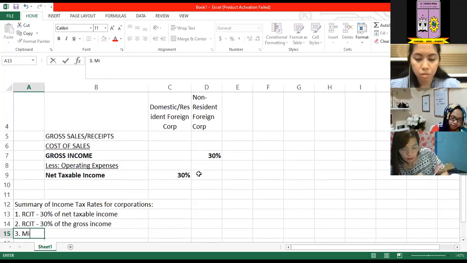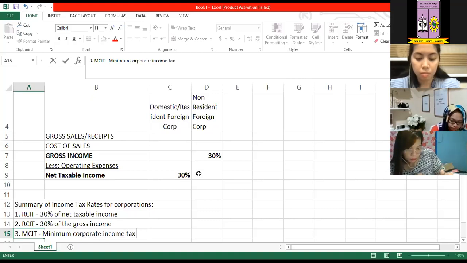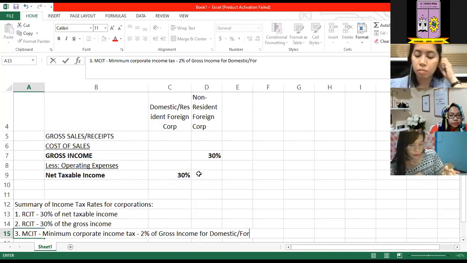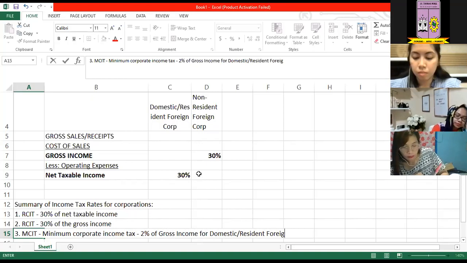Third one is tinatawag natin na MCIT or the minimum corporate income tax, which is 2% of gross income for domestic and resident foreign corporations.